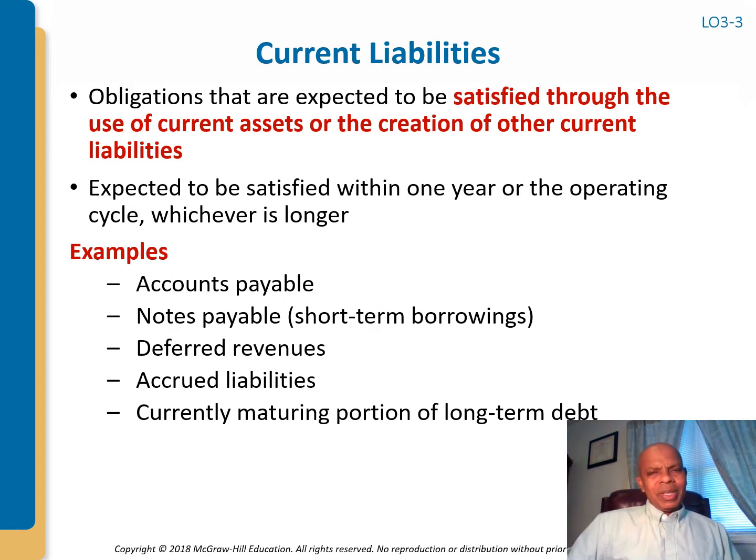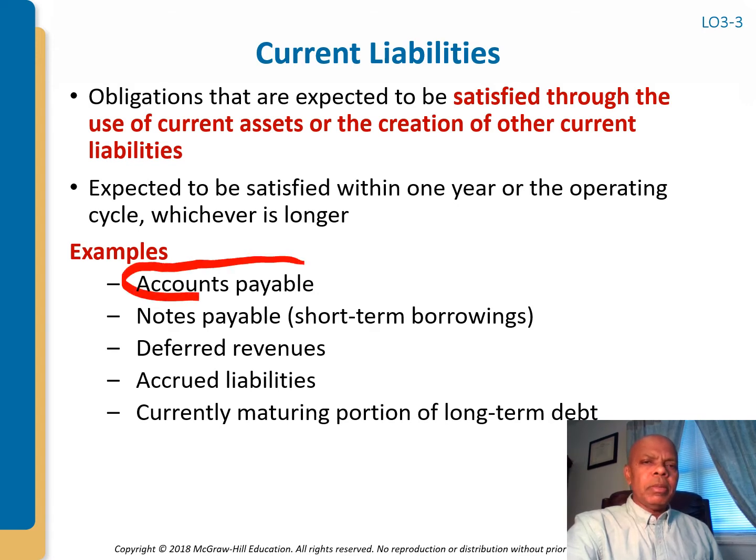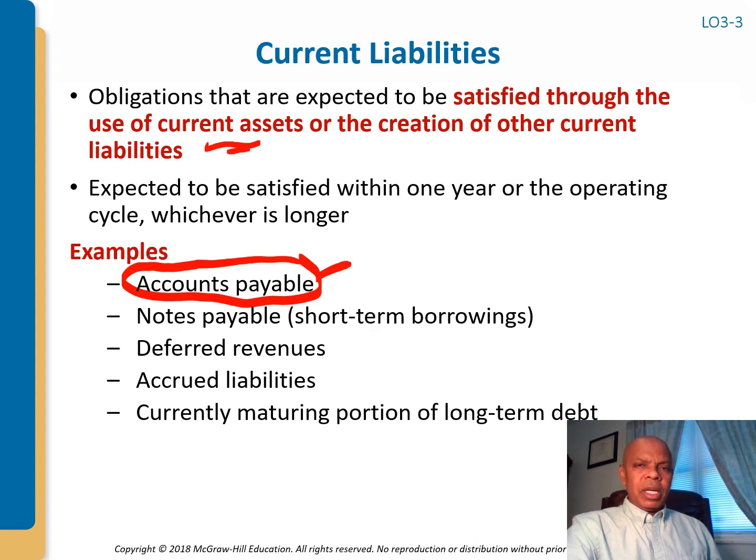Let me explain what that is. Supposing you have accounts payable, so you can pay it off with cash you have. That's your current assets, correct? You can pay with the current assets.